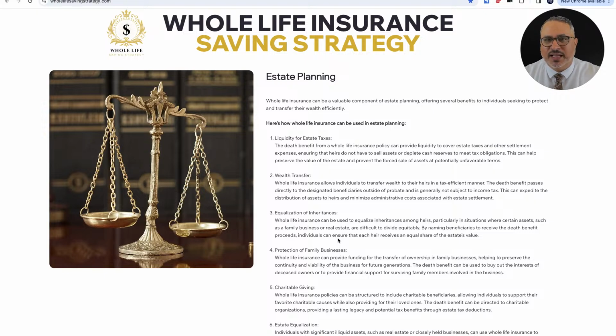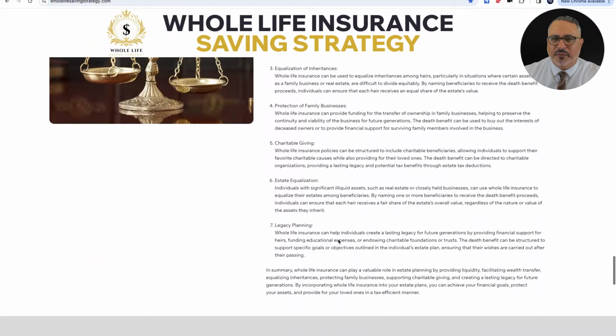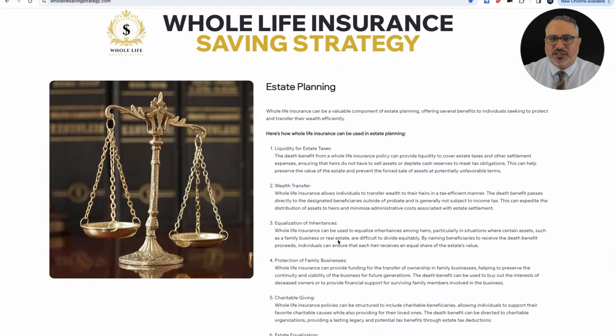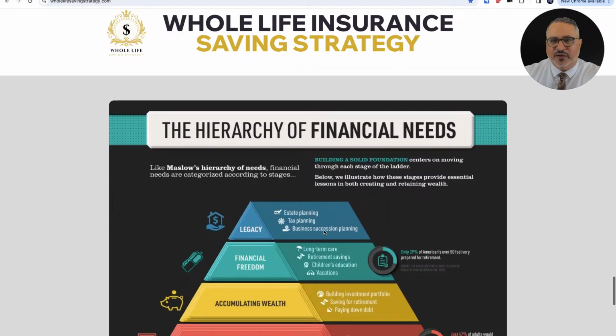You can also designate some of your trust or beneficiary funding to go to a charitable cause. So there are so many benefits of using a whole life insurance strategic saving plan in conjunction with your estate planning. All right, so I hope that this is giving you some good value.